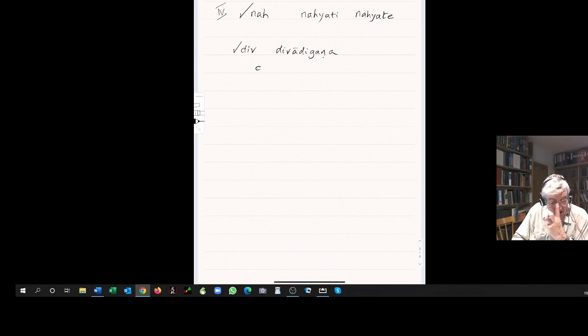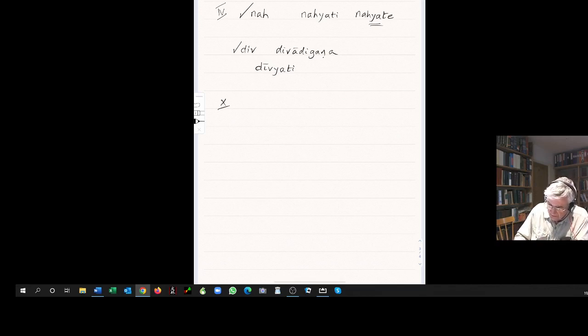So in fact you get the conjugation stem divya. So divyati and so on. So that's basically all we really need to know about the 4th class. The rest of it, once you've got this bit, everything follows exactly as the other classes.